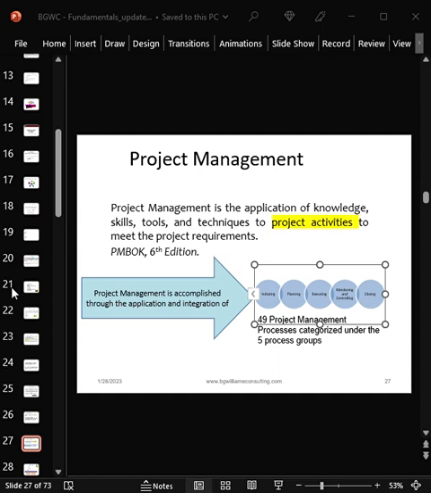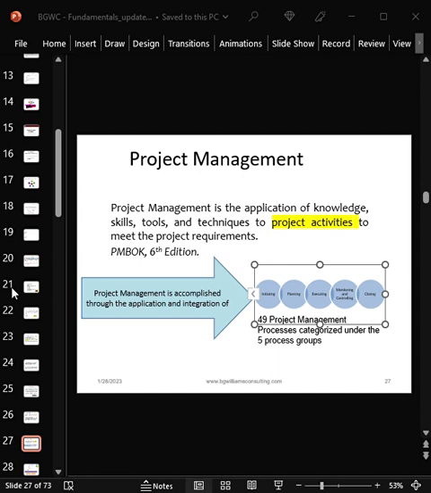Now, with that understanding, those project activities that you are applying the knowledge to are so that at the end of the day you meet the project requirement. Who gives the project requirement? The project requirement automatically comes from the customer or the owner of the project, or technically the stakeholders involved in the project. All these we can refer to as the set of people who provide the project requirement.